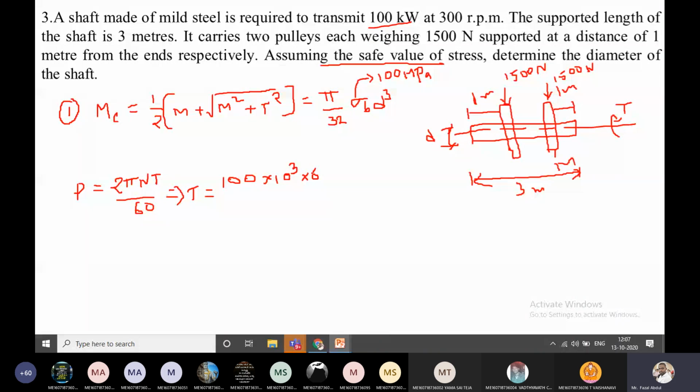So what is the torque value? Tell me the T value.